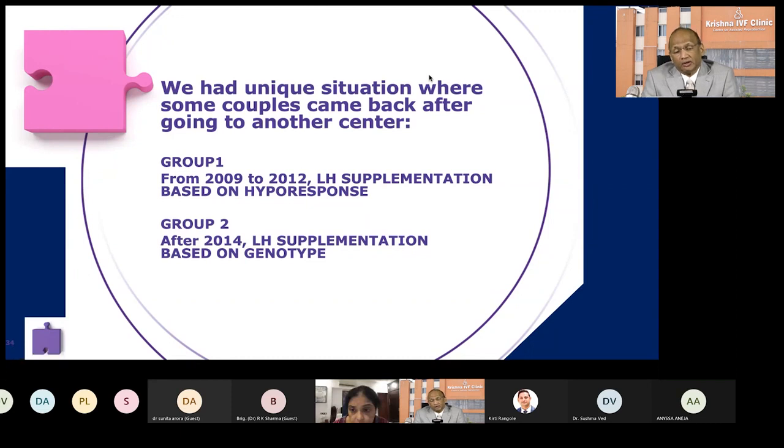Since we are doing polymorphism for everybody, some of the patients whom we gave LH supplementation based on hyperresponders came back 2 to 5 years later for a second cycle, and in the second cycle we based the LH supplementation on the genotype.